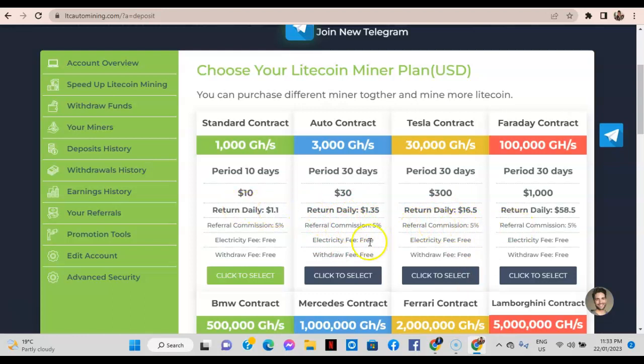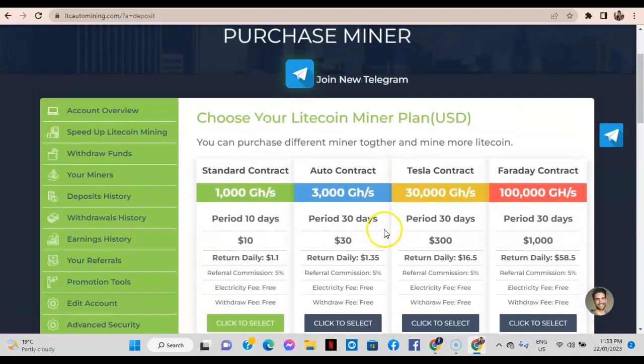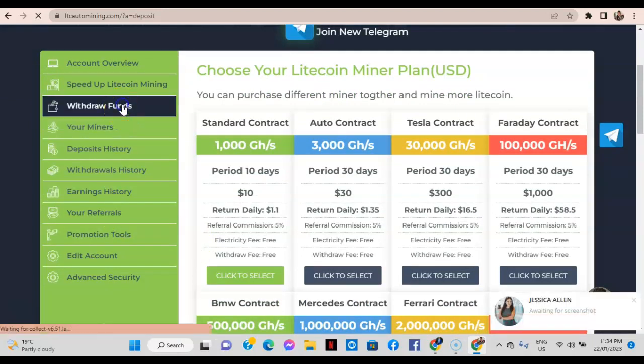But this is what I encourage you to do: not just to join, because it really doesn't give you that much, but to invest a bit more, because the more you invest, the more you will receive. So come on guys, I'm going to show you that this system really does work. It does allow you to withdraw, so I'm going to take you to withdraw and go through with you how this works.